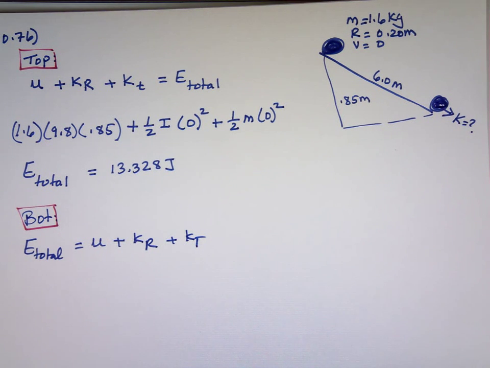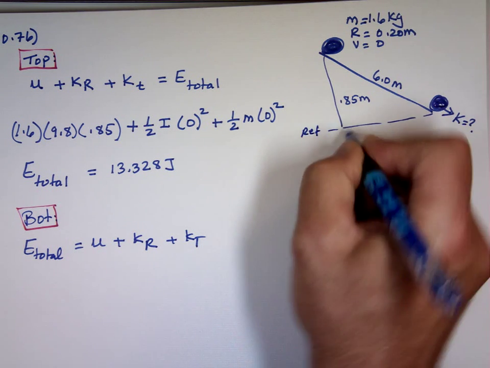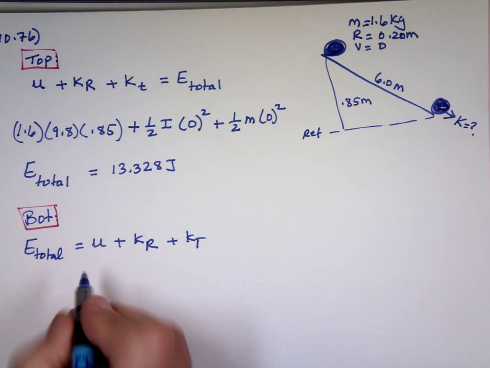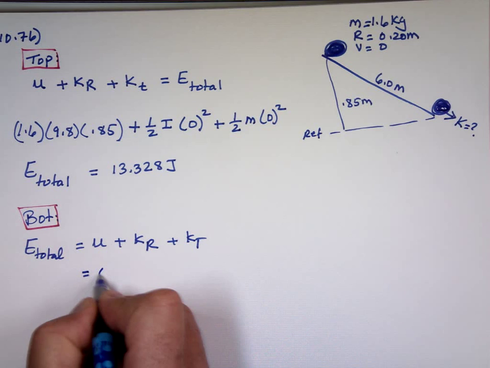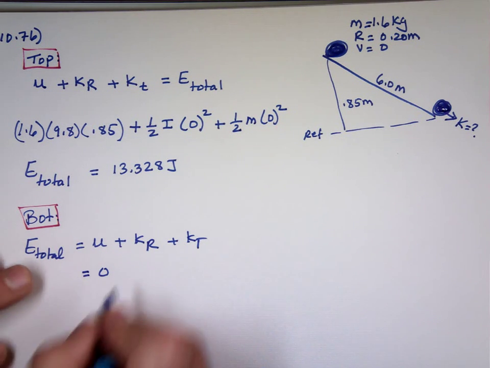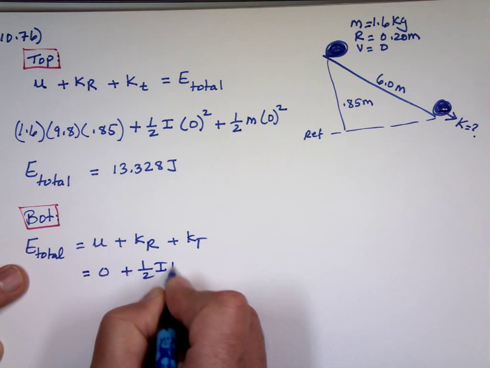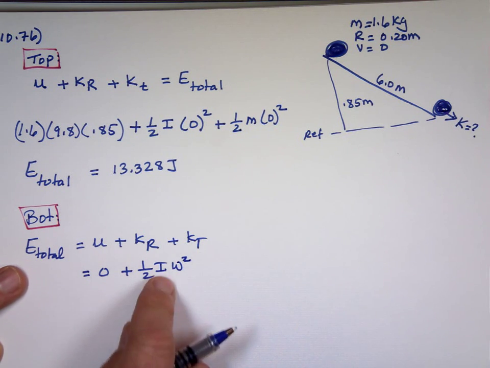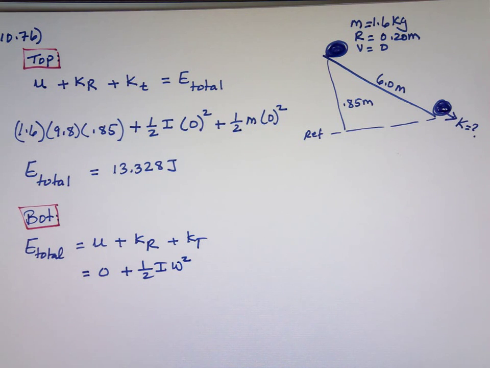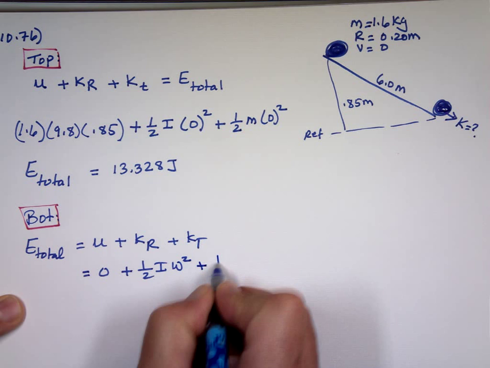I'm using the height here as reference. That's why I use for the height 0.85. So the potential energy is 0 because the height is 0. The kinetic energy is 1/2 I W squared. I don't know what I or W yet. The kinetic energy to translation 1/2 M V squared.